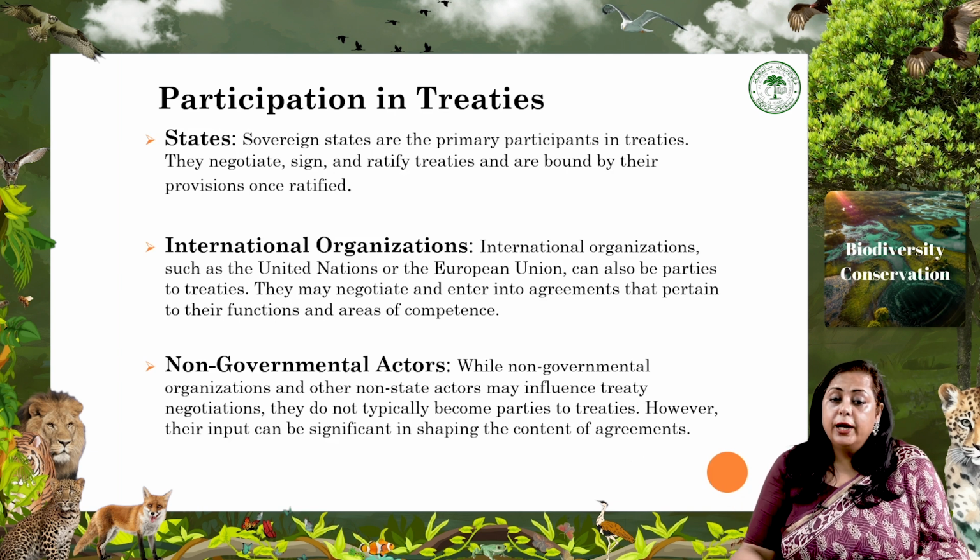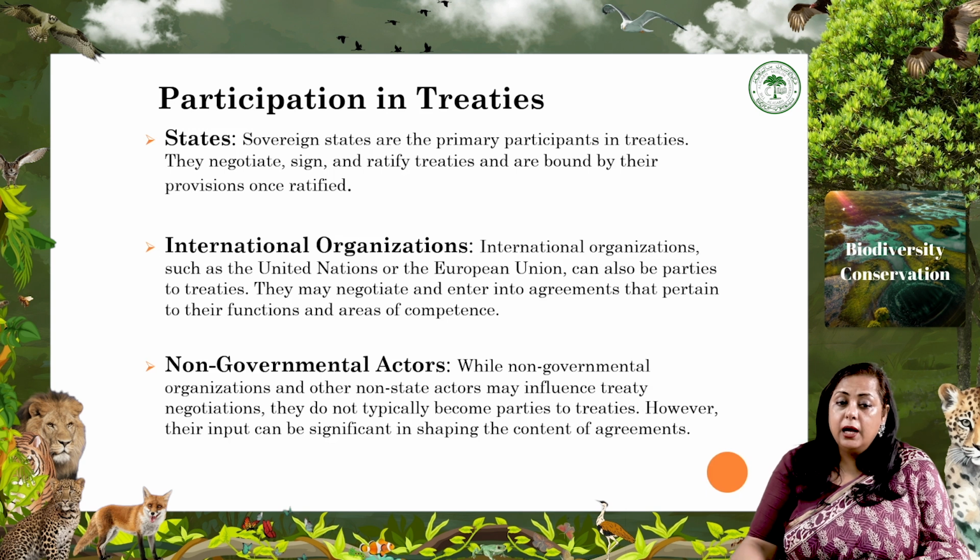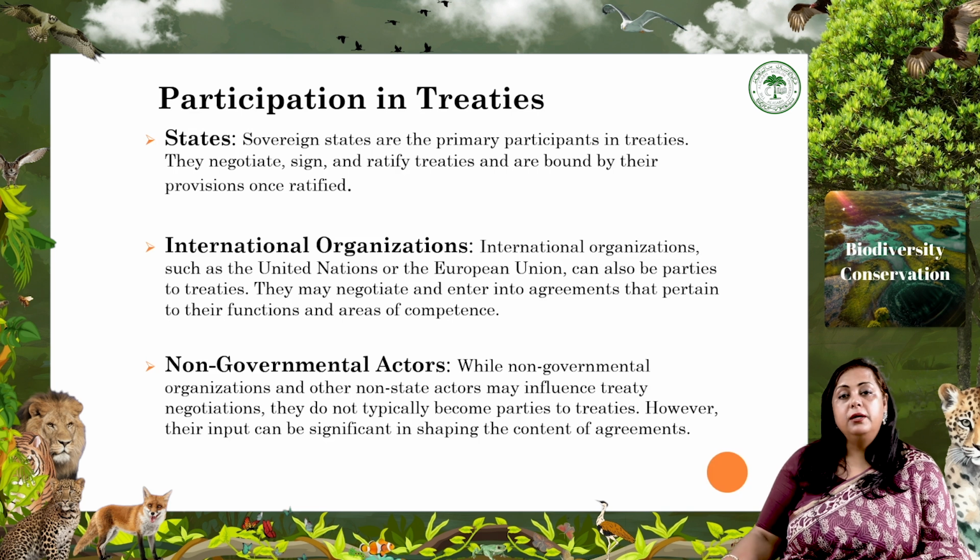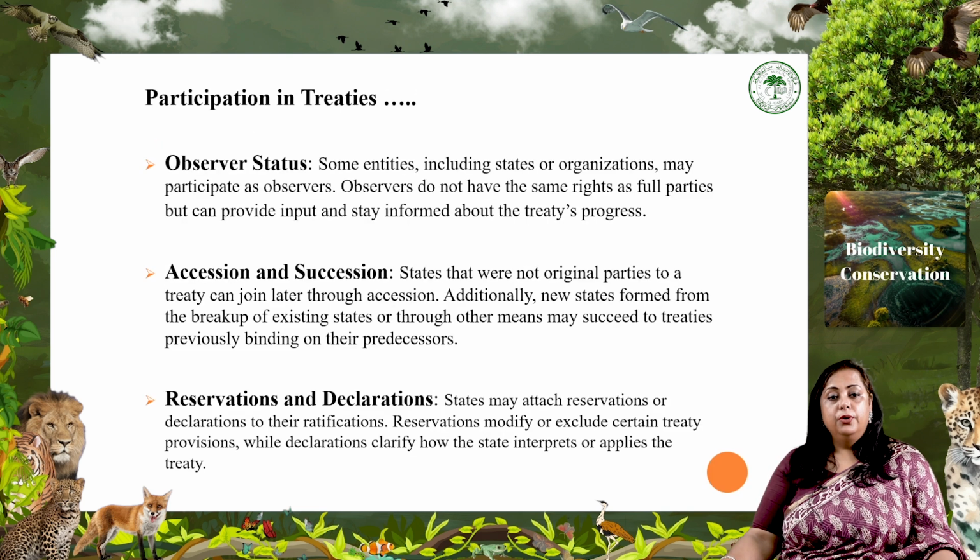Non-governmental actors. While non-governmental organizations and other non-state actors may influence treaty negotiation, they do not typically become parties to treaties. However, their input can be significant in shaping the content of agreements. So there are non-governmental actors also, who give significant input in shaping the content of the agreements.